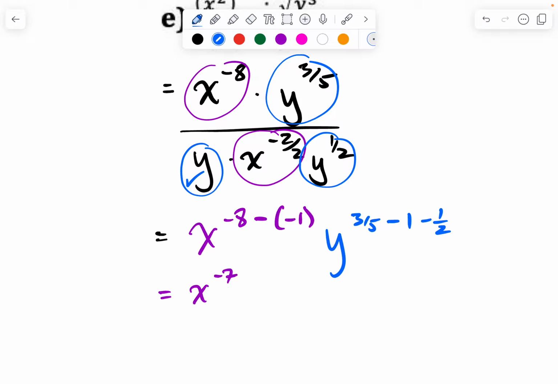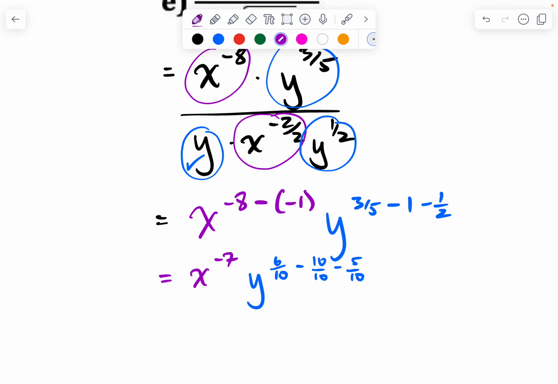And then y to the, I'm going to make all the denominators 10, because that's the common denominator between all of them. So this is going to be 6 over 10 minus 1 is 10 over 10. And then minus a half, which is 5 over 10. So that gives me x to the negative 7, y to the 6 take away 10 is negative 4, take away 5 is negative 9/10.